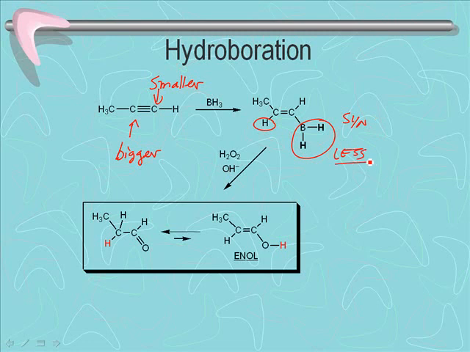When we react in the second step with hydrogen peroxide and base now, we replace the boron with an OH group. And now, just like in the previous example, the hydrogen of our enol can move over to the carbon that did not have the OH group on it to give us the carbonyl form of the molecule. In this case, it's an aldehyde.